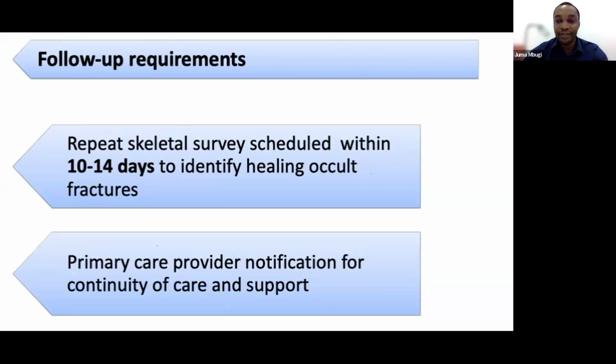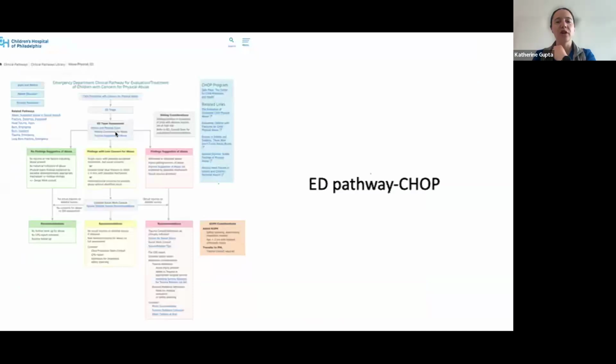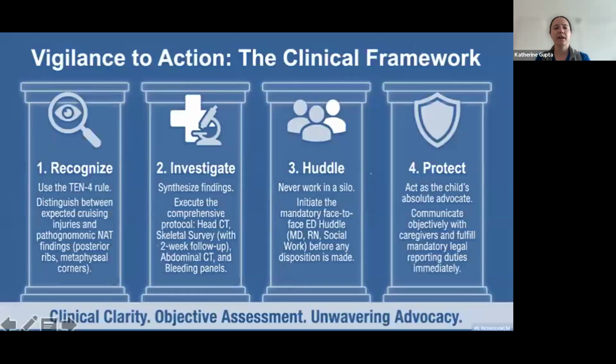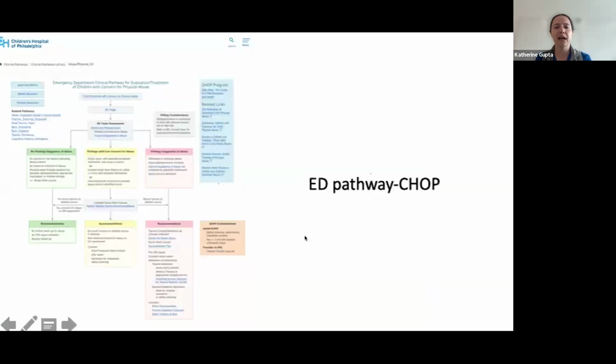Dr. Catherine, do you want to talk about the pathway at the Philadelphia hospital? Yeah, sure, I can. This probably looks really tiny on your slide screen, but I wanted to call attention to it as an idea of a way, and there are many pathways like this.